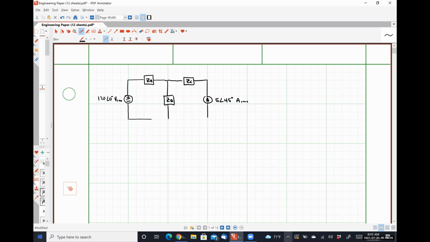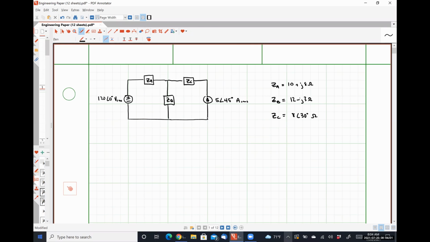And let's say that ZA is equal to 10 plus J8 ohms. ZB is equal to 12 minus J3 ohms. And ZC is equal to 8 angle 30 degrees ohms.